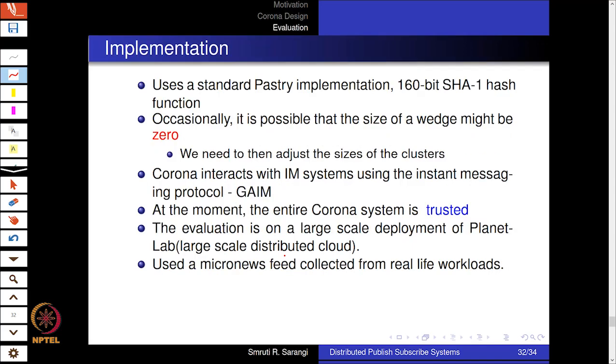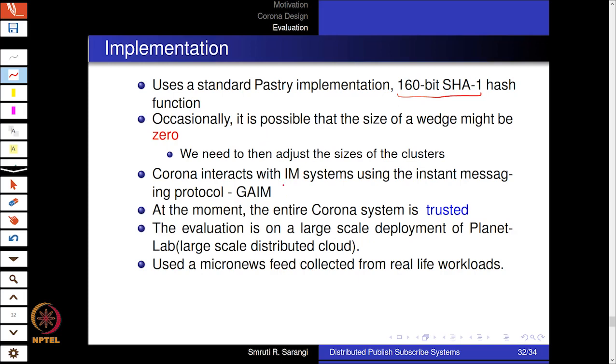And so how is this entire system implemented? Well, a standard Pastry implementation, 160-bit SHA1. Of course, we have been alluding to the problem that the size of a wedge at the beginning might be 0. Then we need to adjust the sizes of the clusters or the wedges by reducing the polling level such that the wedge is not 0.